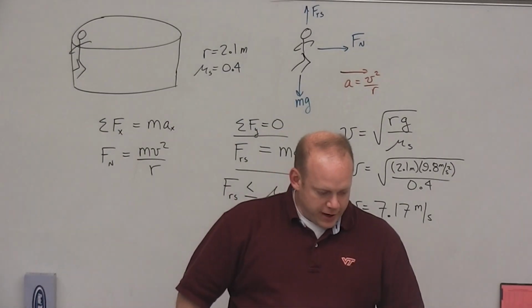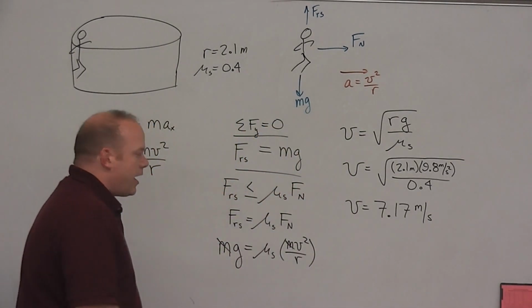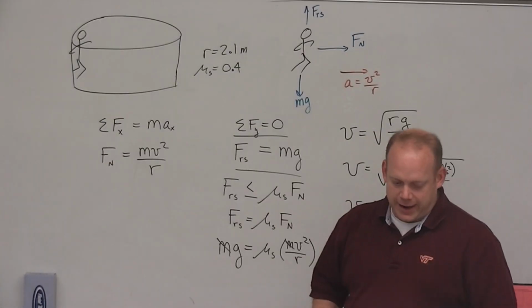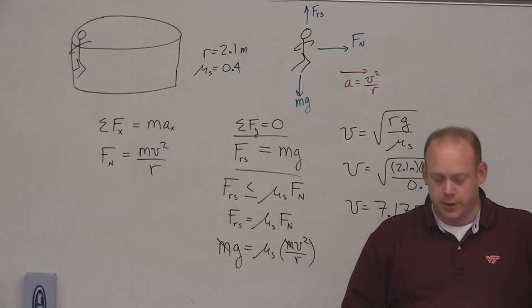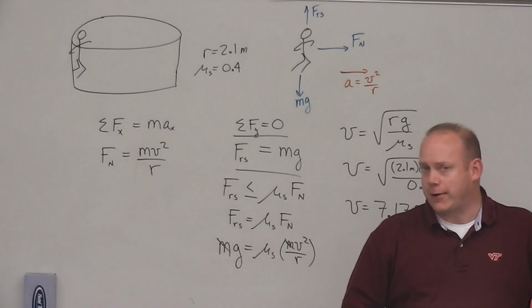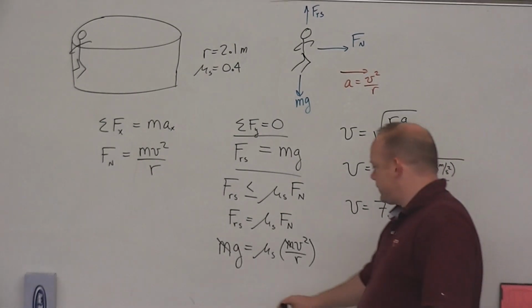So now I want to take a look at one more problem to completion. These problems are kind of the classic physics problems. We're going to look at an unbanked curve with friction. The next thing we're going to look at is a banked curve without friction. So here's what we have.